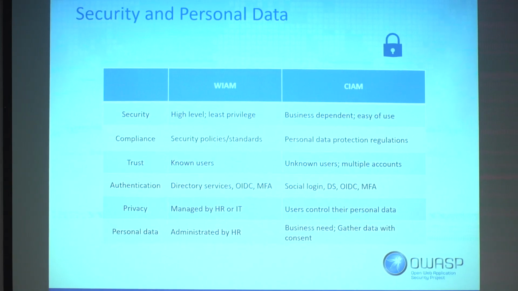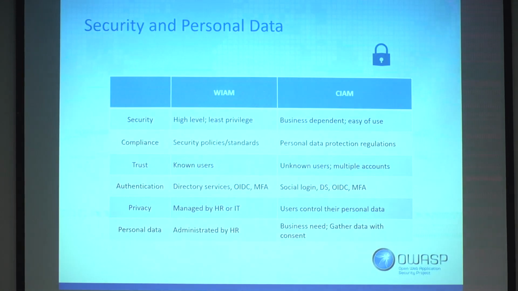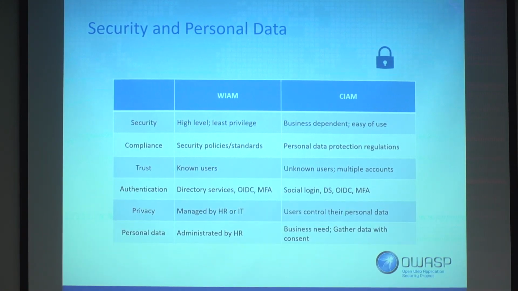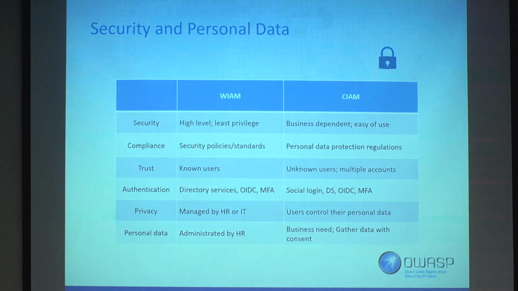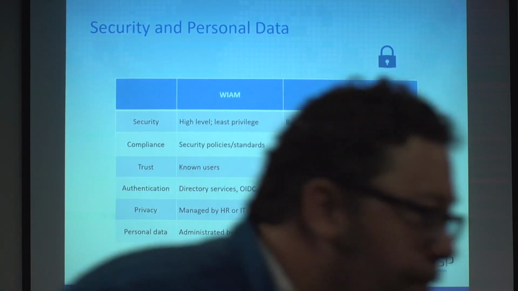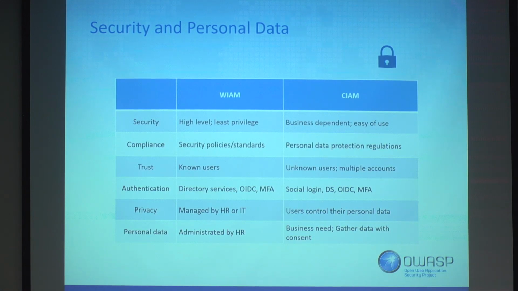On the WIAM side, it requires high levels of security because it wants to protect the company's resources and data, and to reduce risk. That's the important thing. The basic principle on the WIAM side is least privilege. You just need least privilege to perform your work.